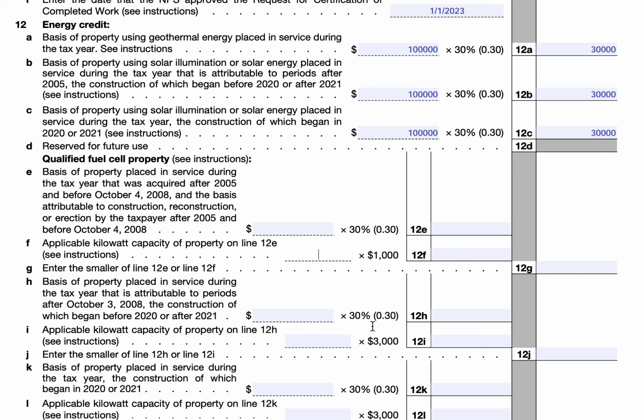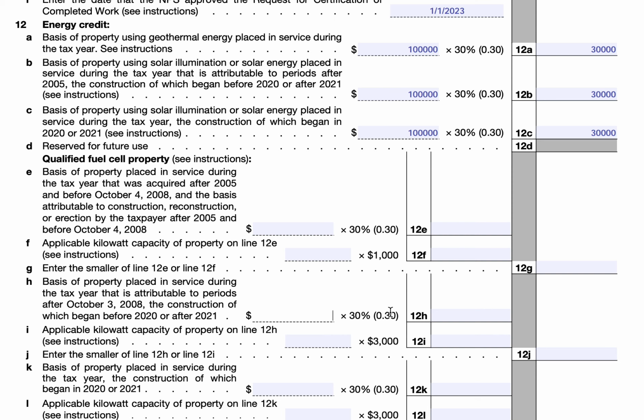So in line 12H, again, this was the basis of property placed in service during the tax year attributable to periods after October 3rd, 2008, and the construction began before 2020 or after 2021. So let's take that scenario we just described up here and put it down here.